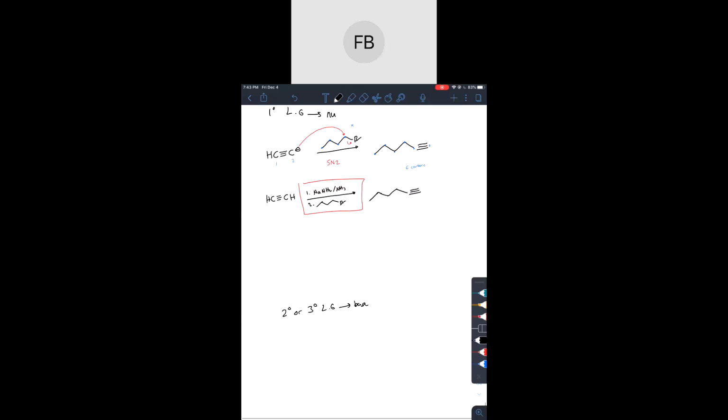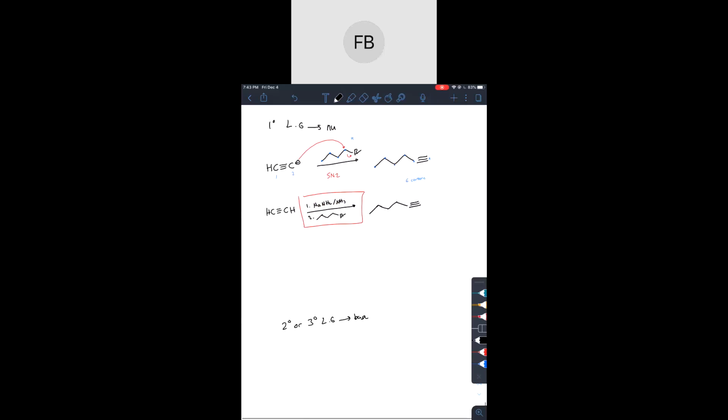Now let's move on to dialkylation. This is the idea that you can add alkyl groups to both sides, because if you have this triple bond on its own like this, you can attach something. I'll draw it a little differently. It's attached to hydrogens, so you could remove a hydrogen and substitute a nucleophile onto there.